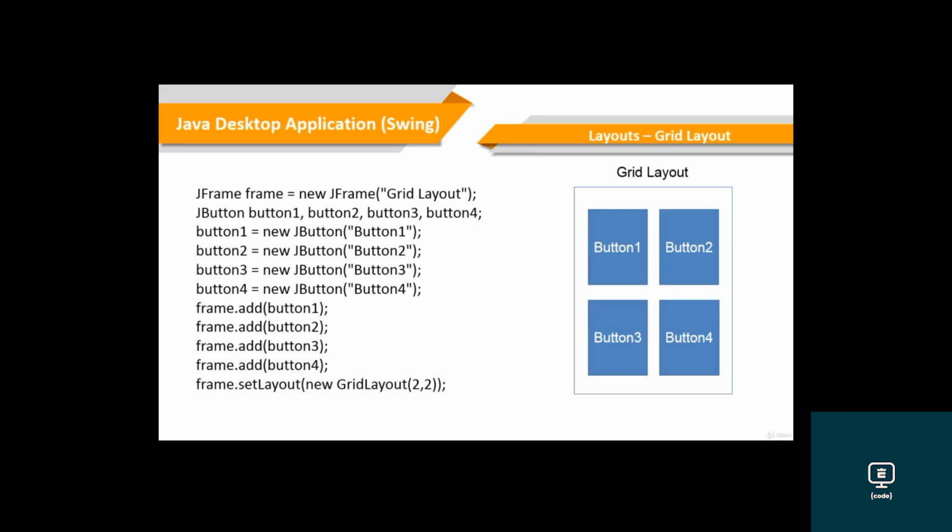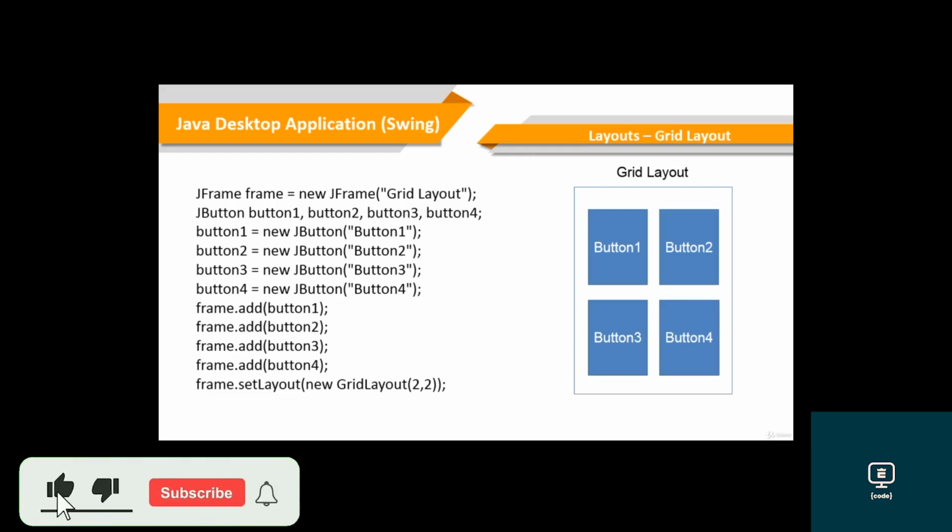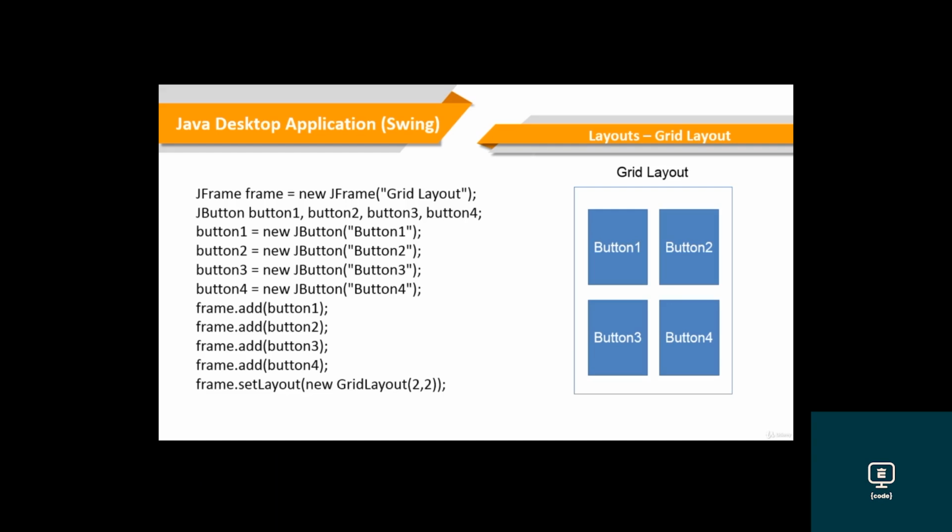And then these components are arranged in a grid layout with 2 rows and 2 columns that are the same size. The grid layout takes 2 parameters and creates a grid layout with a given number of rows and columns.